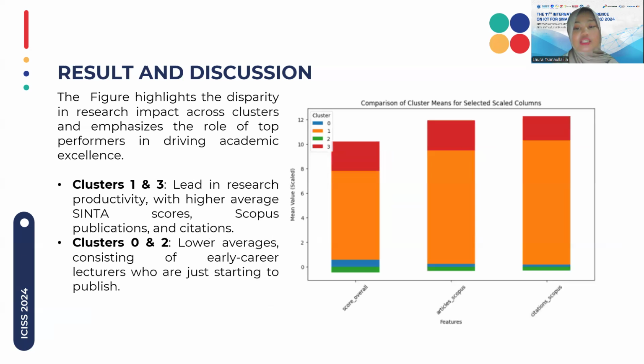Here is the visual representation of research impact across clusters. Clusters 1 and 3 lead in research productivity with higher average Sinta score, Scopus publications, and citations. Clusters 0 and 2 consist mainly of early career lecturers just starting to publish.